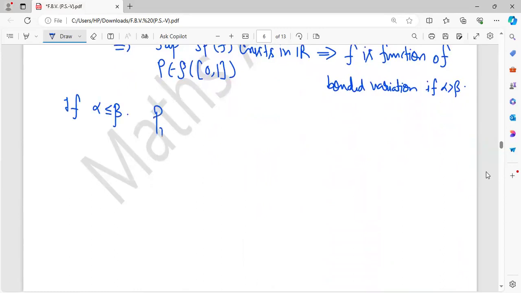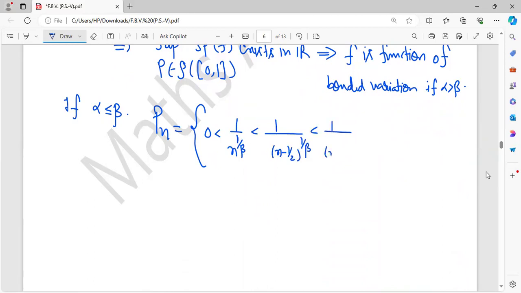Take the partition Pn equal to 0, 1 upon n to the power 1 upon beta, then 1 upon n minus 1 by 2 to the power 1 upon beta, then 1 upon n minus 1 to the power 1 upon beta, then 1 upon n minus 3 by 2 to the power 1 by beta, and so on, then 1 by 2, then 1 upon 2 minus 1 by 2 to the power 1 by beta, and the last point is 1.